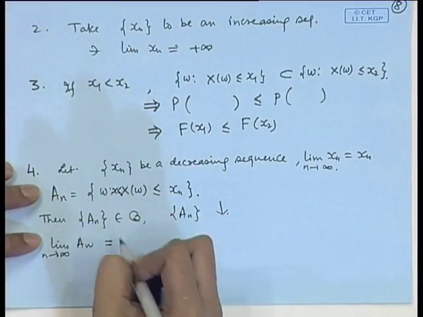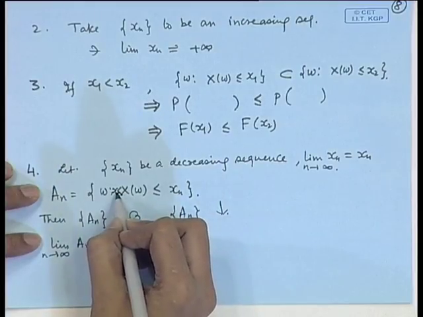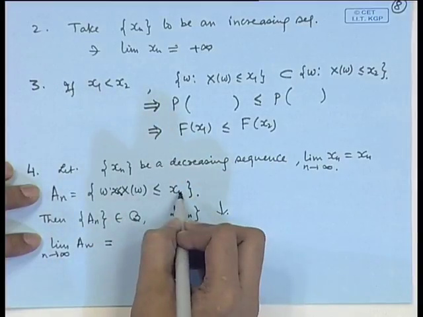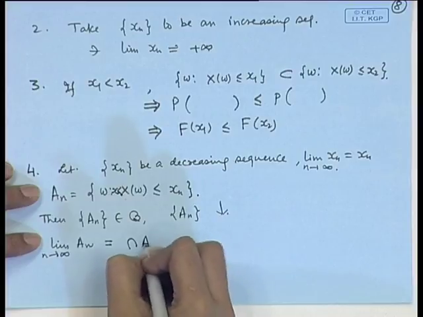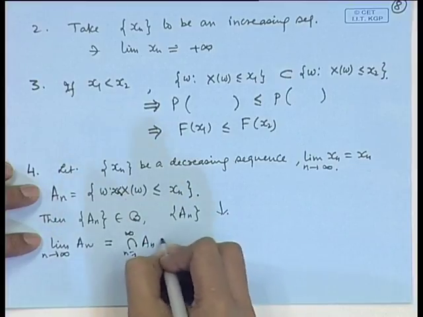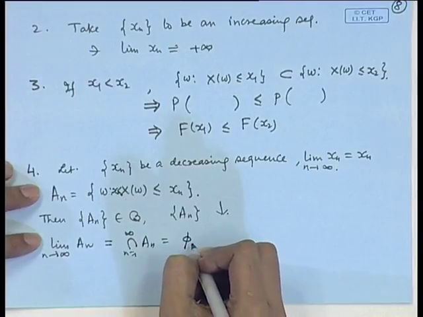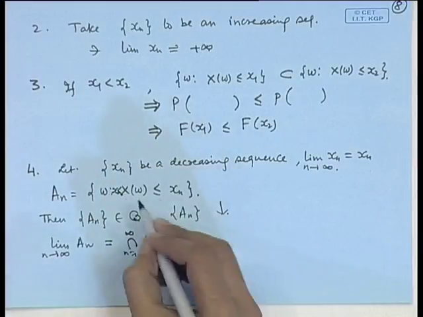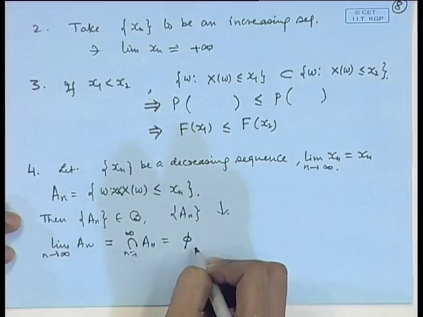So, if I put this one, then since x is strictly less than X of omega, if I take the limit here, this is going to be an empty set, that is intersection of A n for n equal to 1 to infinity is an empty set, because if I consider any point, x is not included in any of them, therefore, it cannot be included in the intersection.